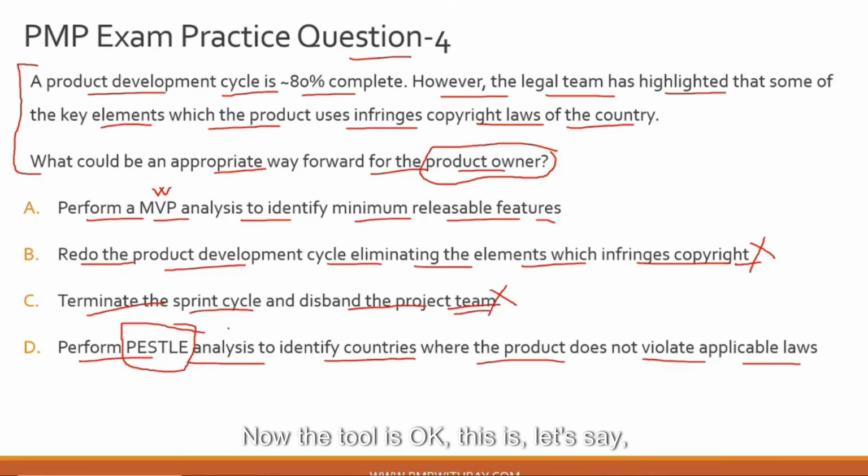Now, this is, let's say, an issue which has happened in your project, that you have unknowingly infringed upon some copyright laws. But is this a macroeconomic factor?